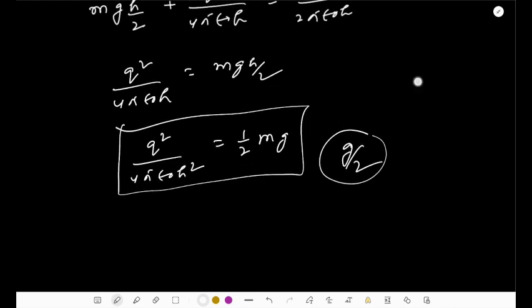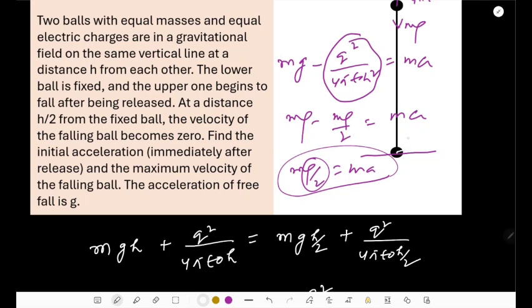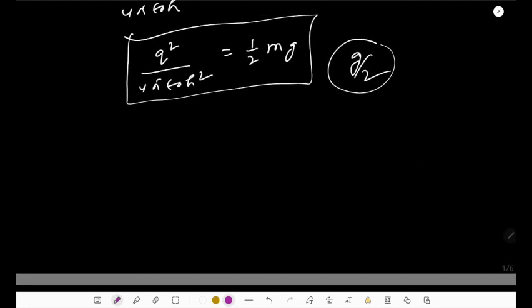Suppose the height above the lower ball was h dash at that moment. We can write Newton's second law, a balanced equation of forces: q square by 4 pi epsilon naught h dash square equals mg.